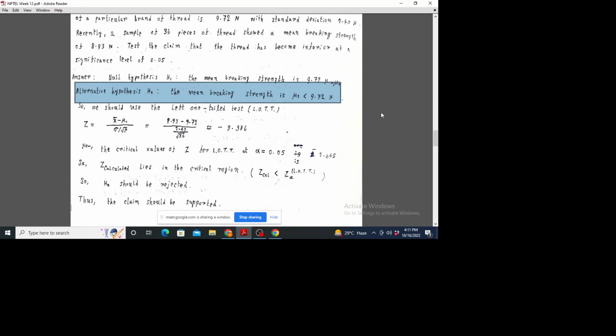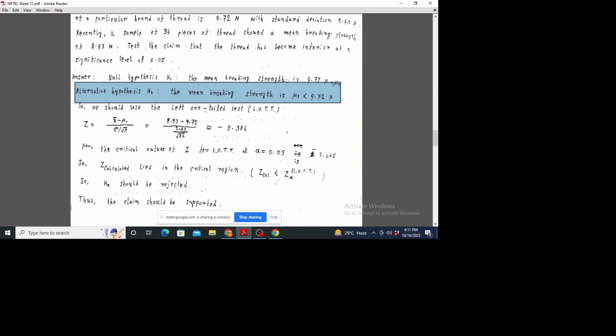So there may have been another claim, that it has become superior. Okay, you may have claimed that, but then you would have supported the null hypothesis.